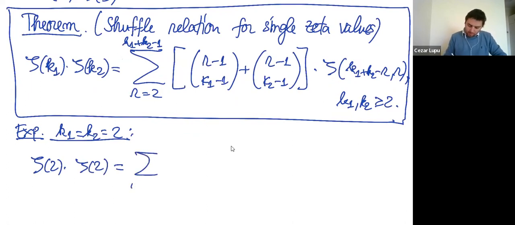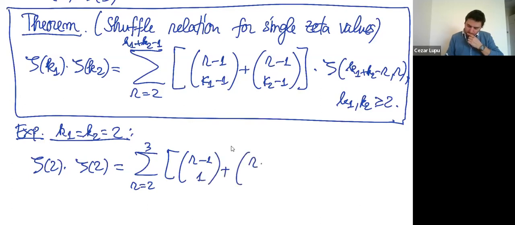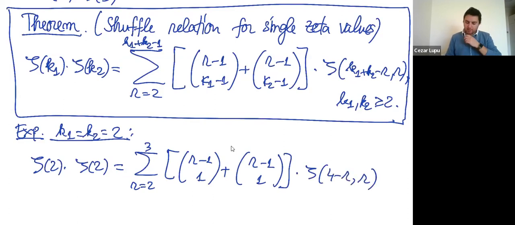The sum from r equals 2 to 3, right? Of r minus 1 choose 1 plus r minus 1 choose 1, right, times zeta of 4 minus r, r, double zeta.